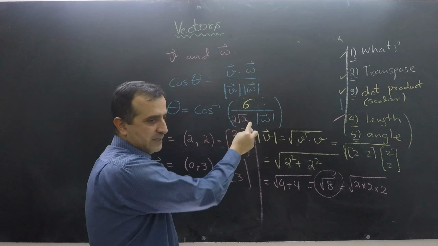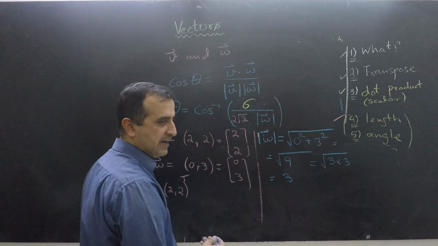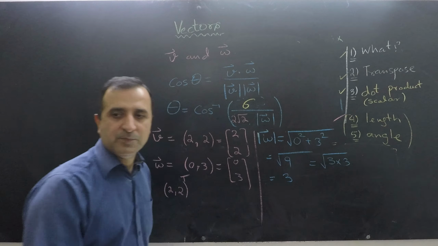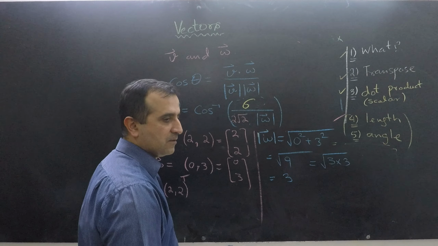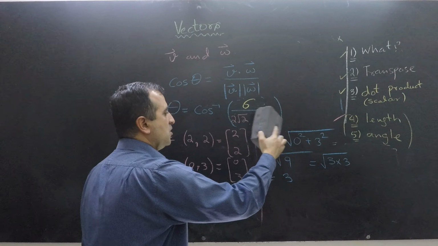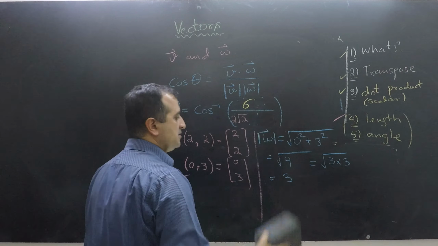And 9 I can take out from the square root immediately, because 9 is 3 times 3, and because there are two 3s, there will be no square root. My answer is going to be 3. Can there be the square root of 0? There could be, why not? So now my answer is going to be 3 here.